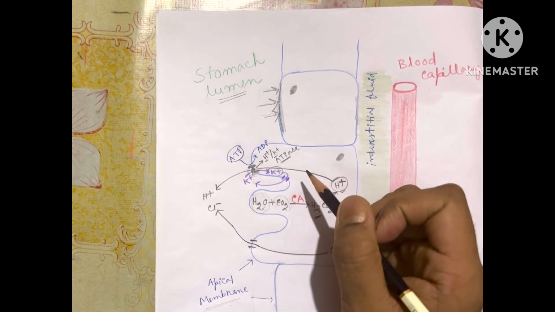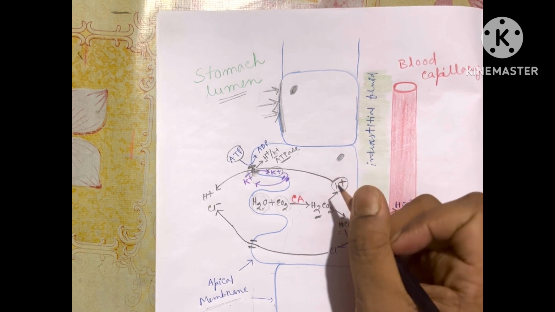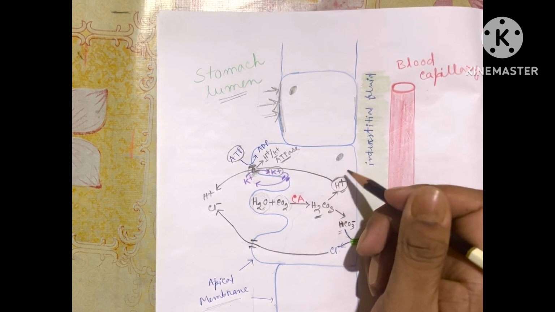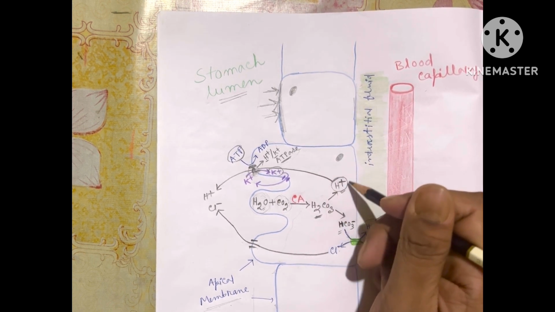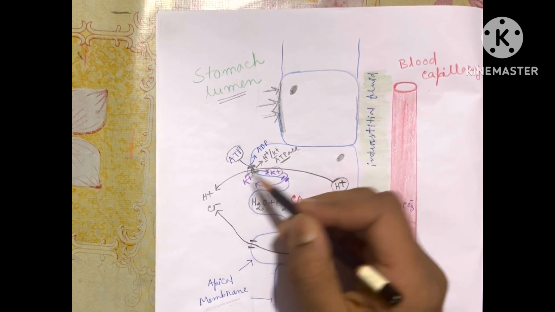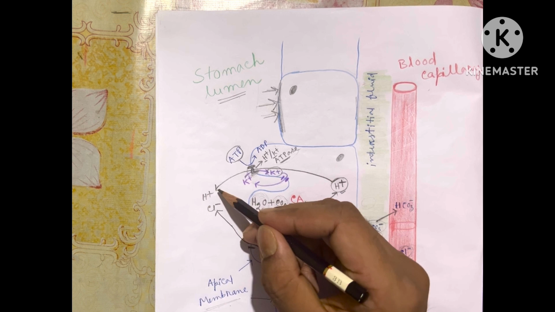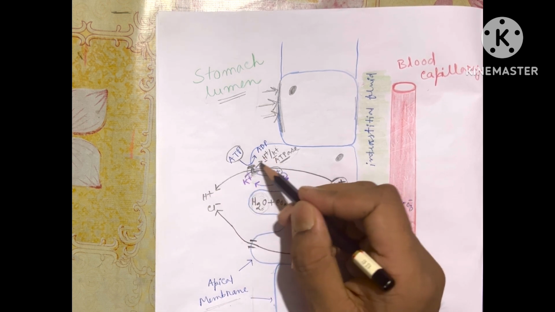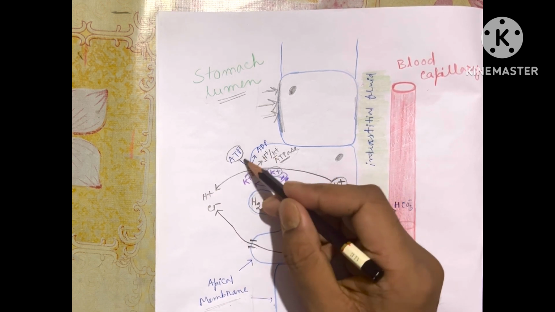So it is a very crucial point where we need to understand what is going on. Basically, after formation of this particular hydrogen ion, this hydrogen ion will go out from the parietal cell into the stomach lumen with the application of ATP molecules.